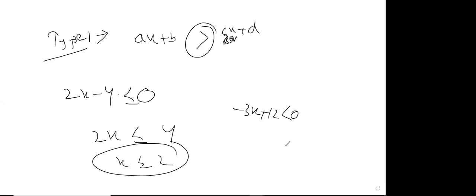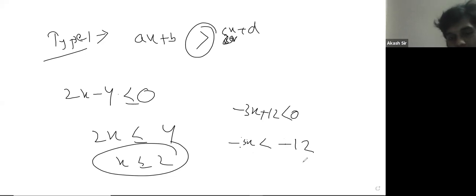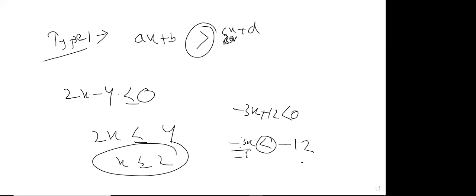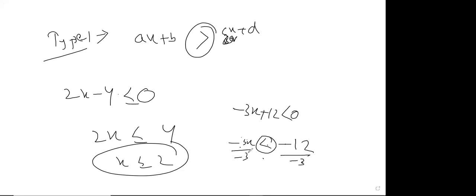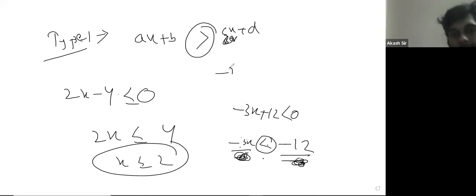So x is less than -4. See, when you throw -3 here, you have to change the sign, right? If I divide by -3, the sign will change. But I divided by +3. Okay. Then you will get minus x is less than -4.